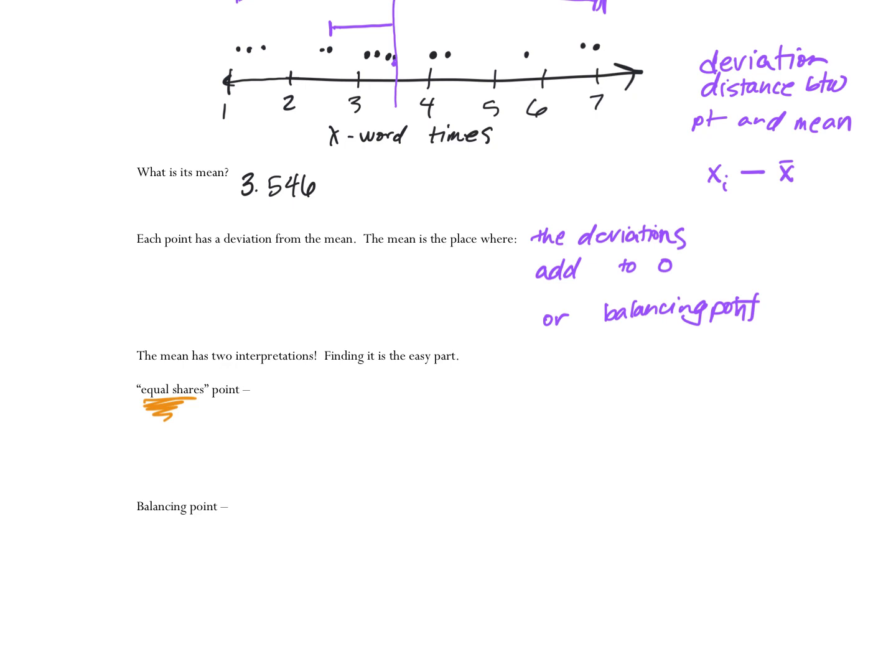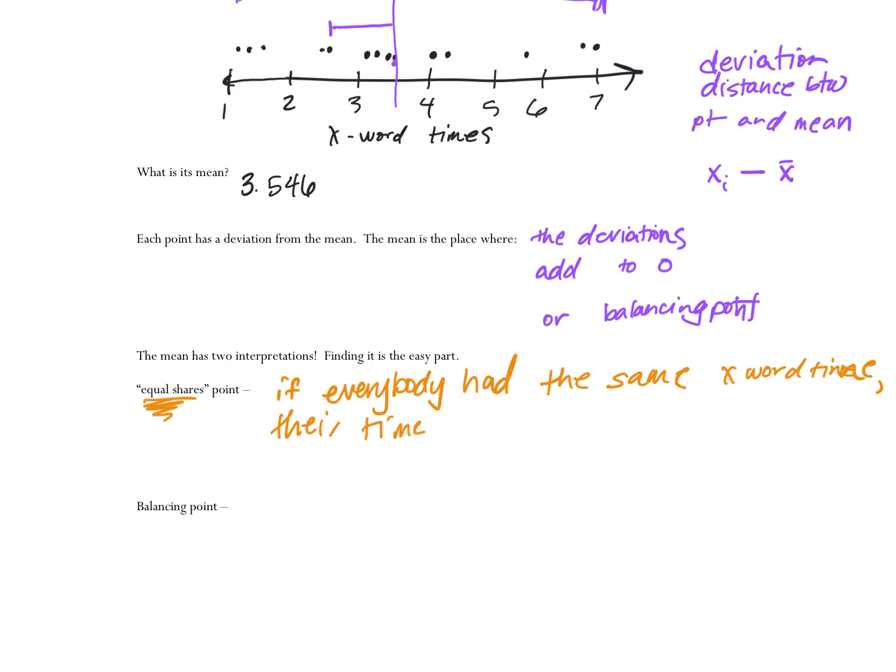If I was going to apply that here, if everybody had the same crossword time, equal shares, their time would be 3.546 minutes.